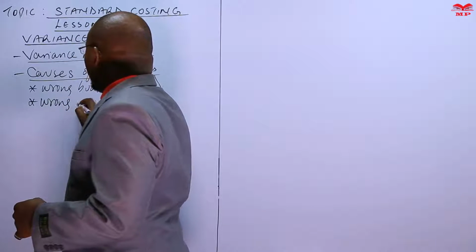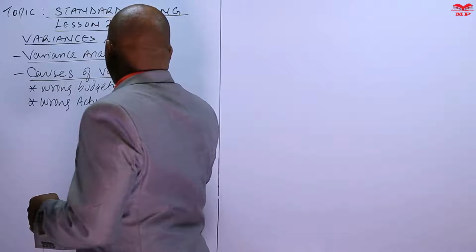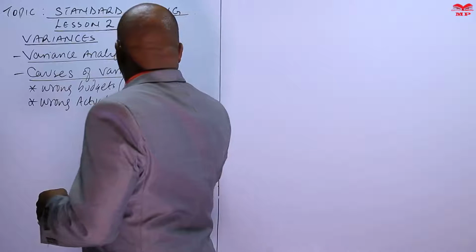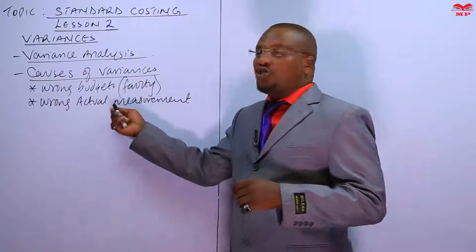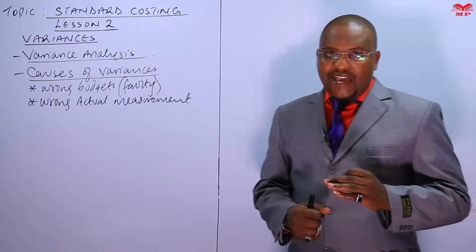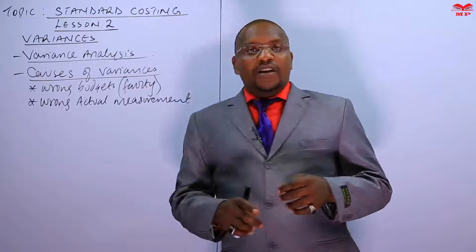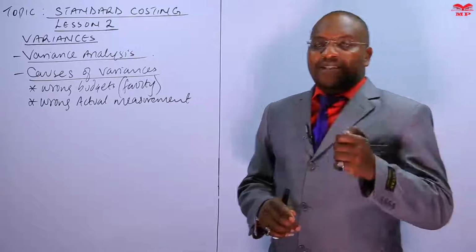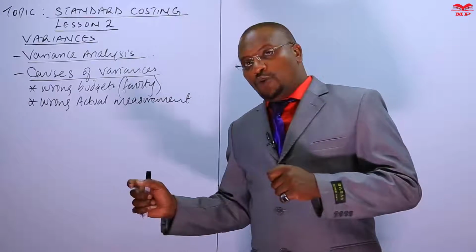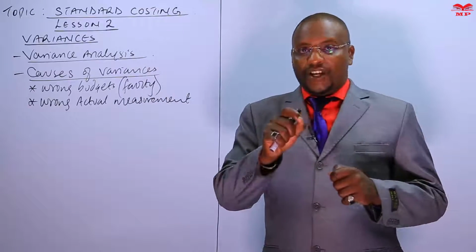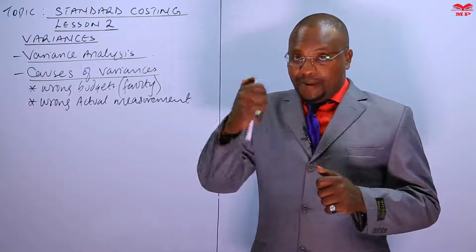We can also have wrong actual measurement. For example, we can have wrong classification of items, like hours. If you wrongly classify some indirect hours as direct, you will have overstated your actual direct labor cost.